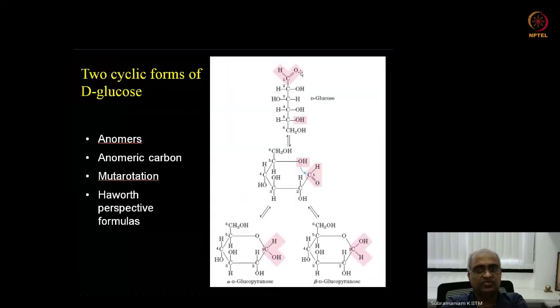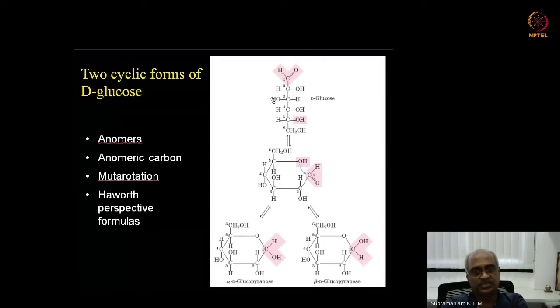Here for glucose you have this aldehyde group. Most often it reacts with the fifth carbon's hydroxyl group, and this aldehyde-alcohol condensation leads to a ring structure, which we usually display in this hexagonal form, called the Haworth perspective formula.